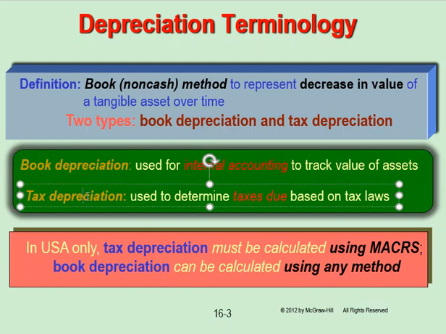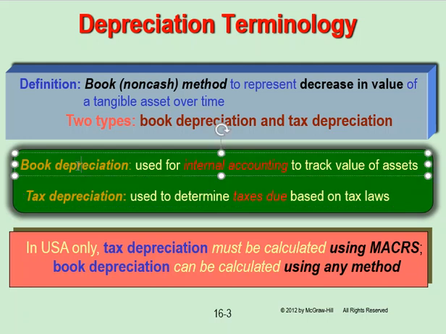Tax depreciation is not related to me as a company. It is related to the laws that the government states for taxes and others. So this is the difference. So sometimes book depreciation might differ from tax depreciation.